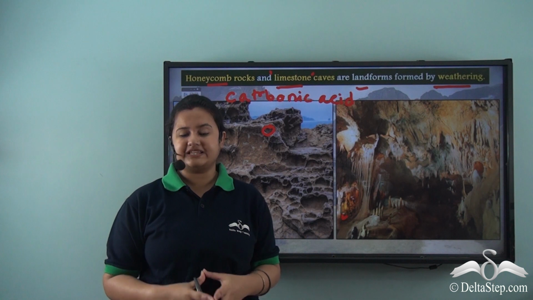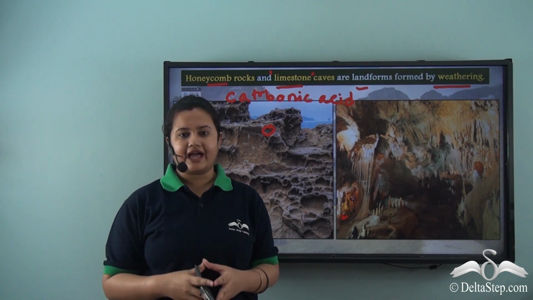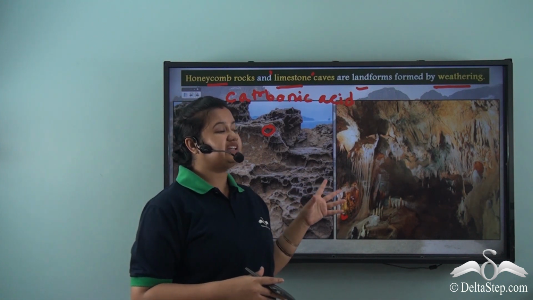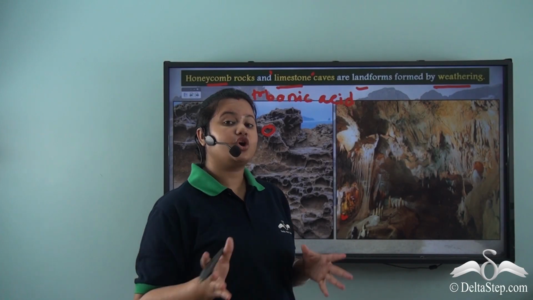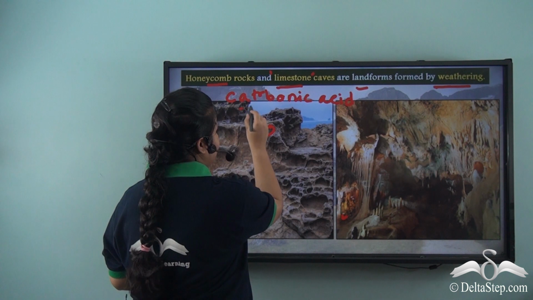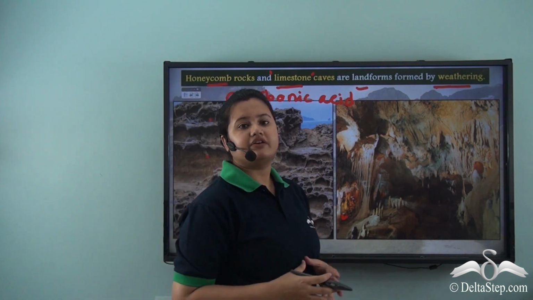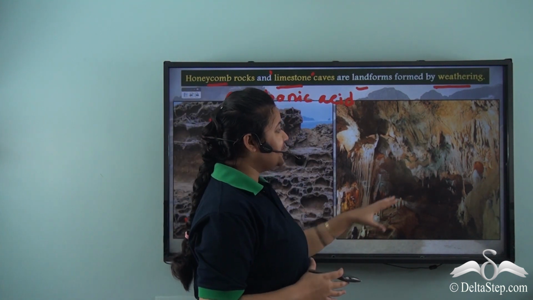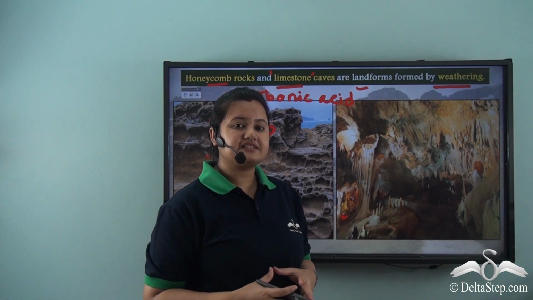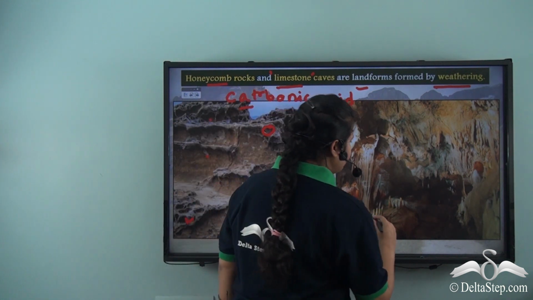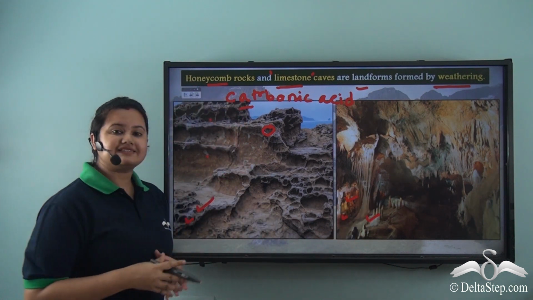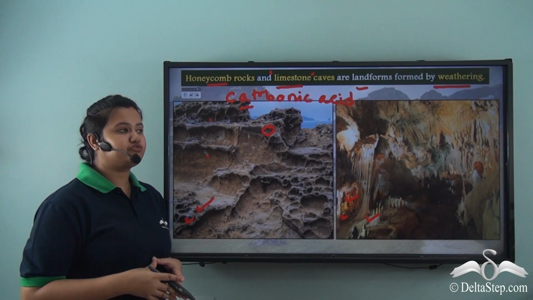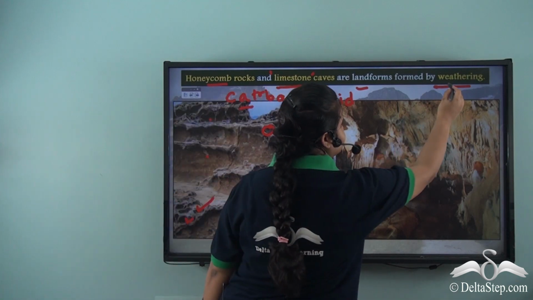Now, during precipitation, when carbonic acid comes in contact with these rocks, the limestone present in these rocks, which is also soluble in carbonic acid, mixes with the rainwater and creates these hollows. And this is how limestone caves are formed. So, the honeycomb rocks and limestone caves are examples of landforms formed due to weathering.